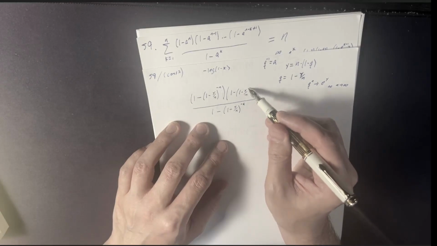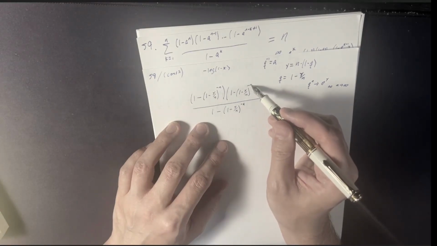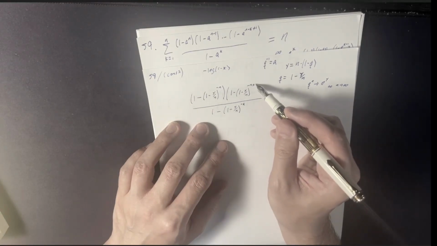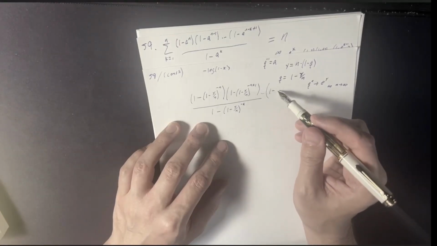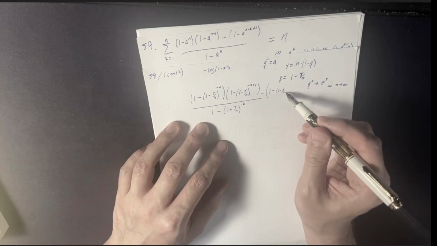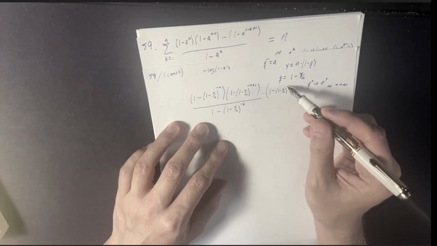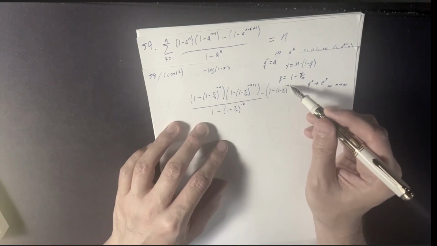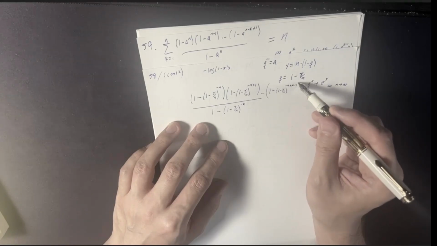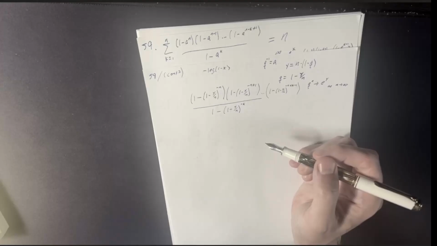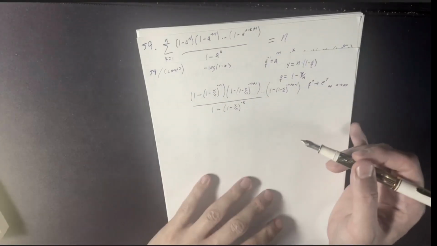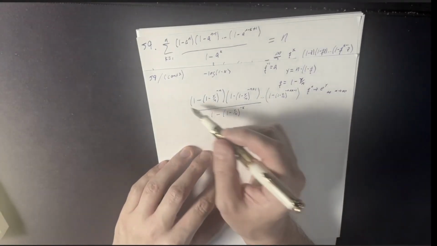I think I'm missing the point. So it's still true that this stuff equals n, the sum of this stuff.